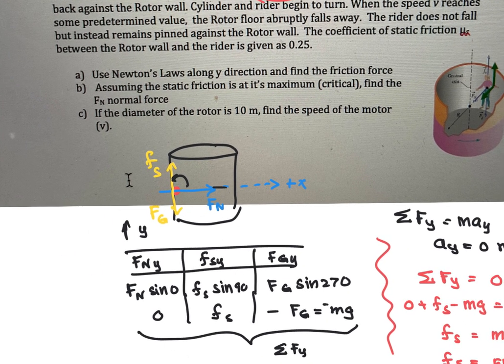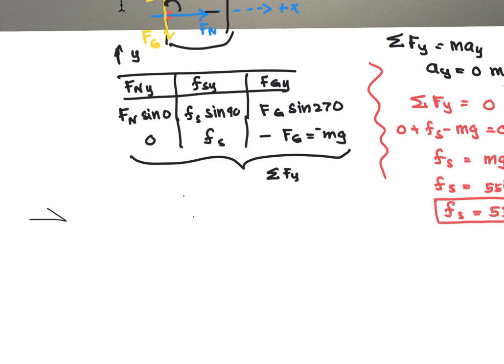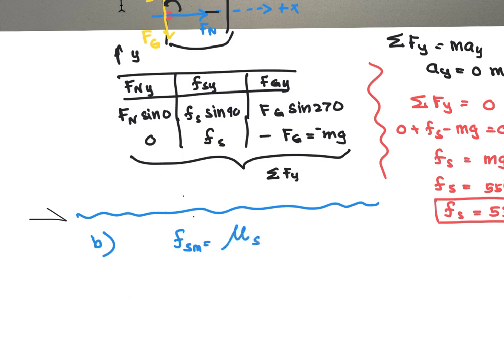The second part: assuming the static friction is at its maximum, find the normal force Fn. We discussed that when the static friction is at its maximum, in part B, we use Fs maximum equals mu s times Fn.